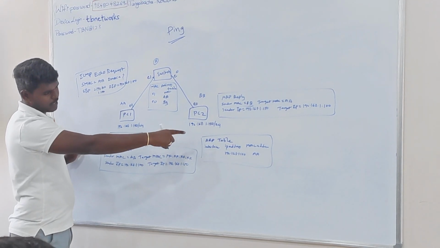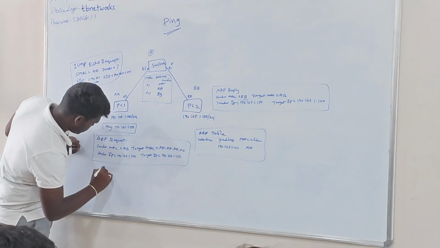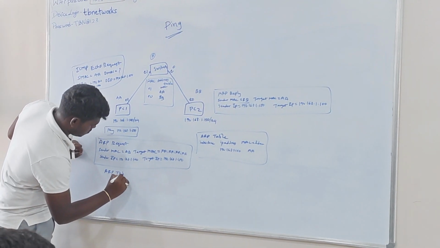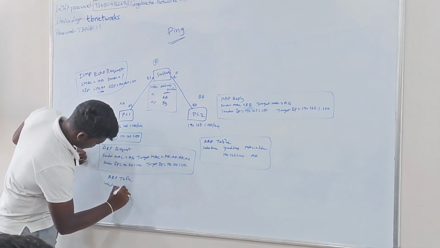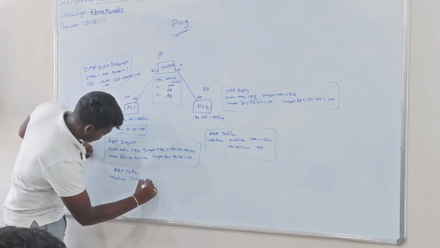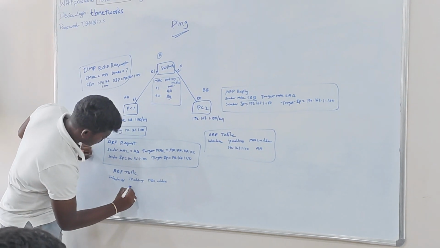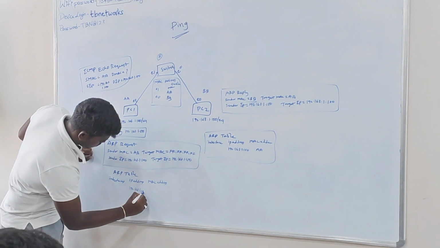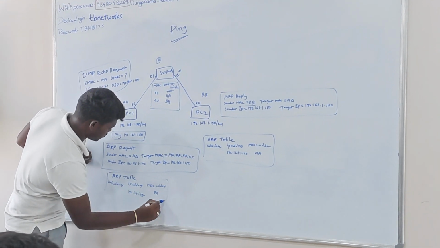It stores the IP address and MAC address of PC2. This is the ARP table for PC1.